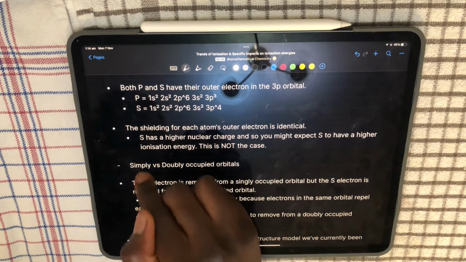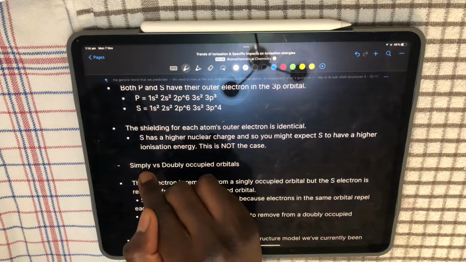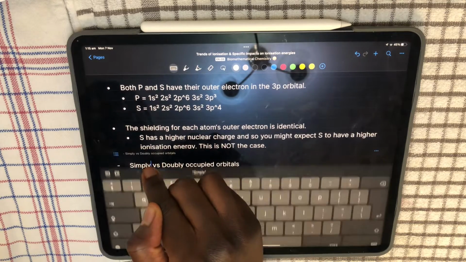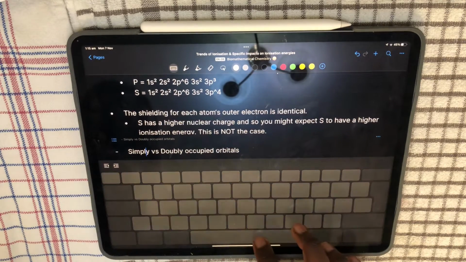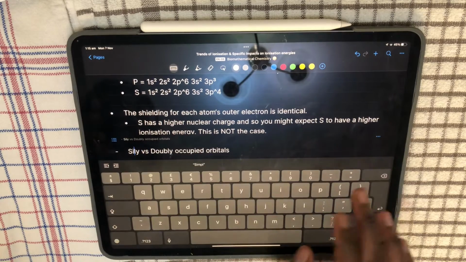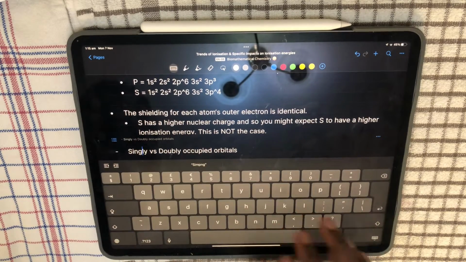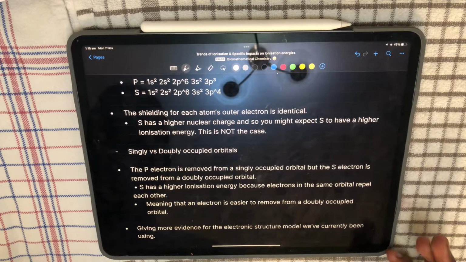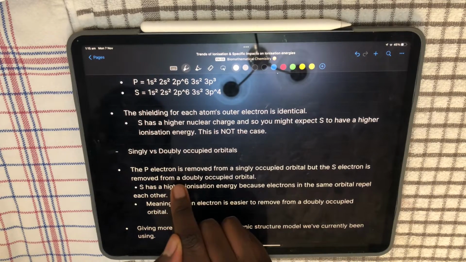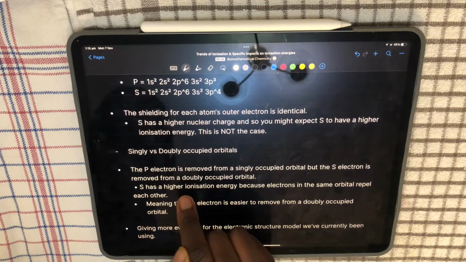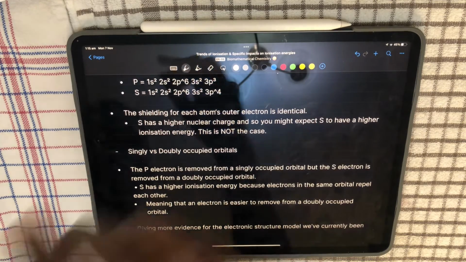I shouldn't say simply, I should say singly. There are way too many typos in this. Singly and doubly occupied orbitals, right? With phosphorus, the electron is removed from a singly occupied orbital.